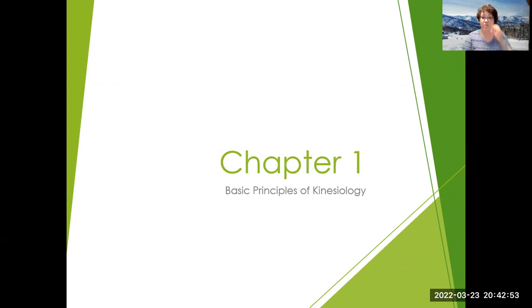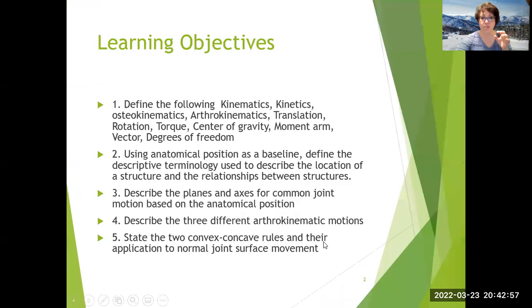So starting with the learning objectives, of course, the definitions of the different terms, using anatomical position as a baseline, defining this descriptive terminology between the structure and location of structures and relationships between structures.